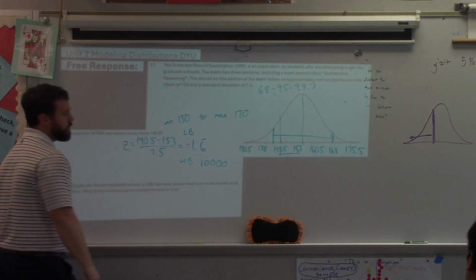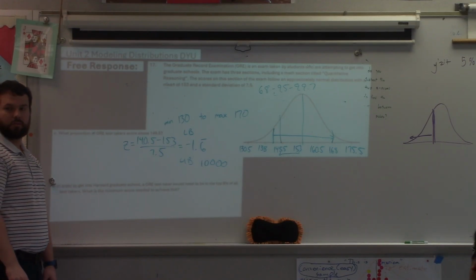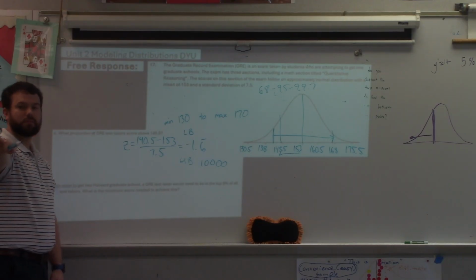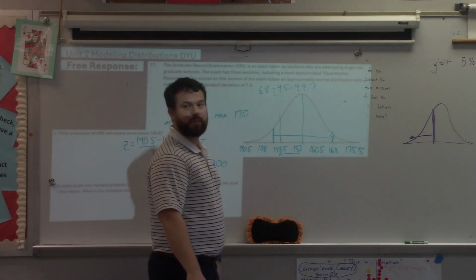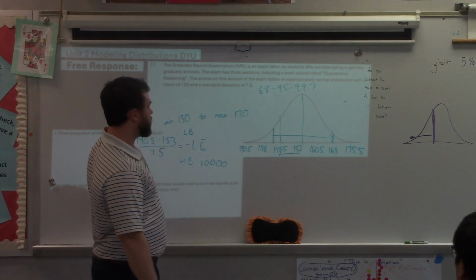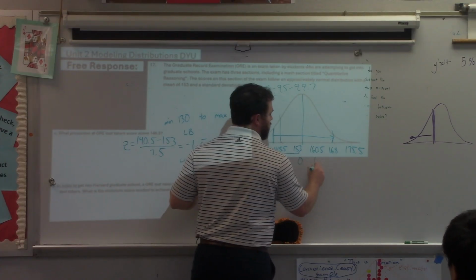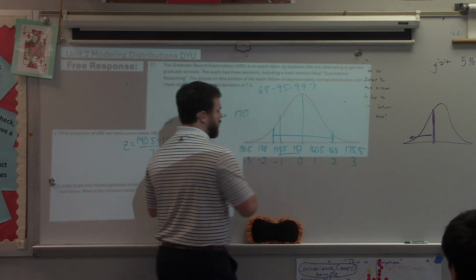And what's the mean? 0. Like 153. Oh, you're right. 0, standardized. So everyone remember, the original mean was 153. But what did I do to get a z-score? I standardized it. The whole point of standardizing is so that we don't have to sweat the mean and the standard deviation, right?